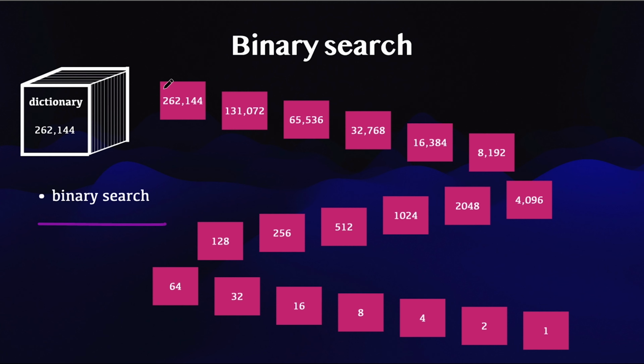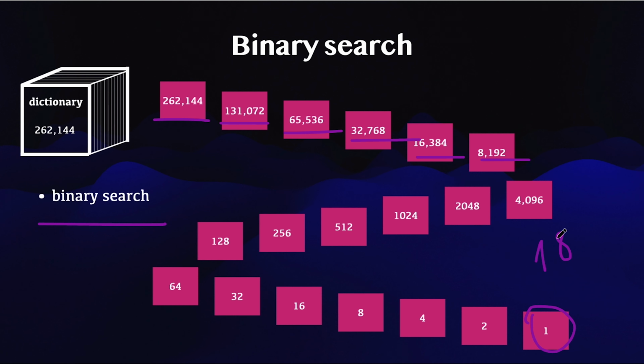So we'll start as we did in simple search with 262,144, and then we have a half, 131,072, and then again a half, and a half, and a half, and a half, until we come to number 1. And how many steps will it take us?